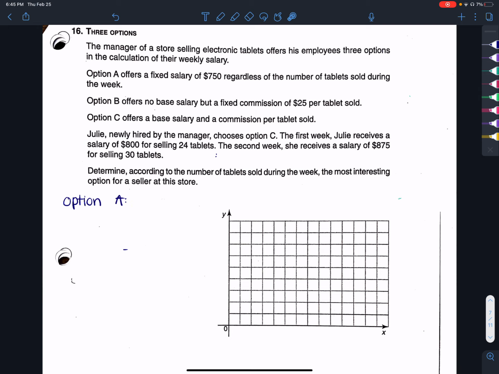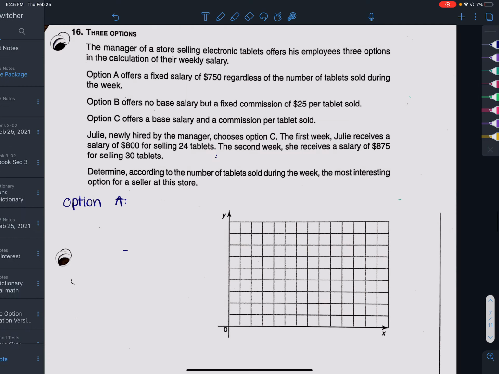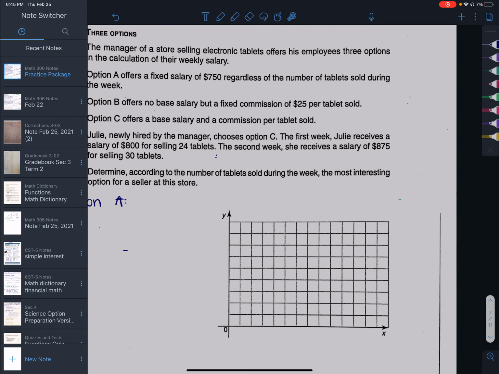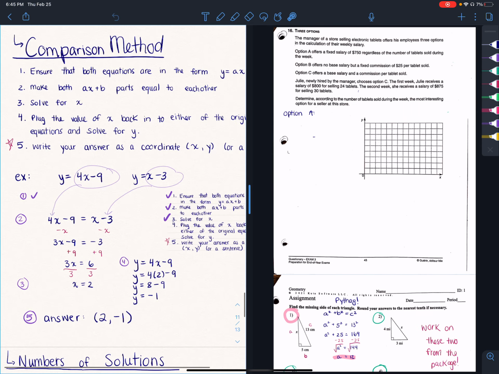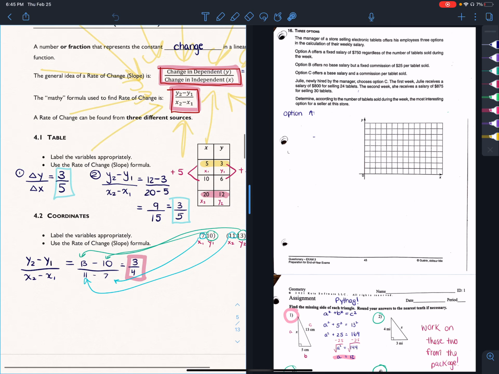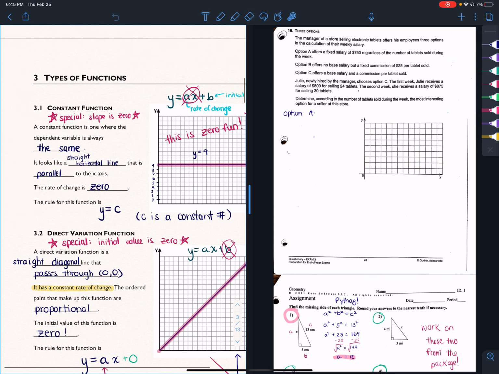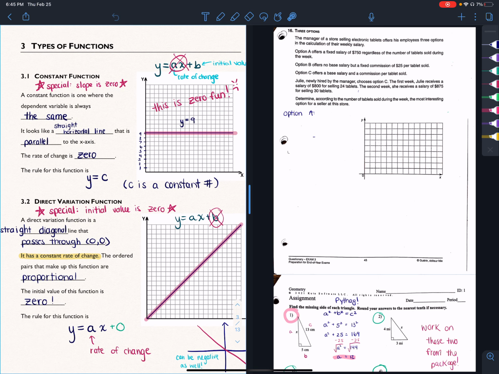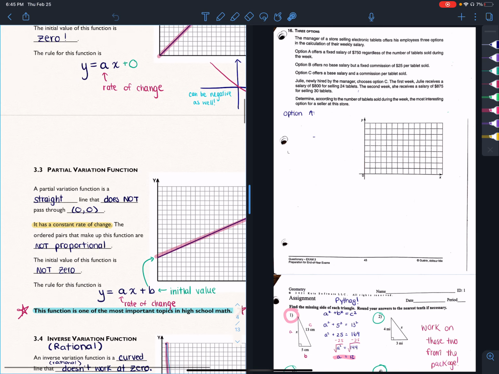So for option A, we have a fixed salary of $750 regardless of the number of tablets sold during the week. So if we were to pull out our handy math dictionary and take a look at what that function might be. Looking at our types of functions, we've got constant, direct, partial.